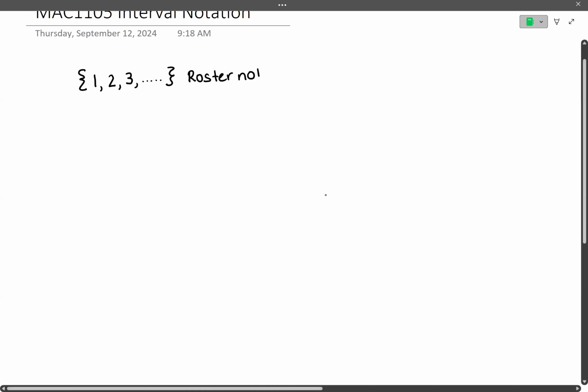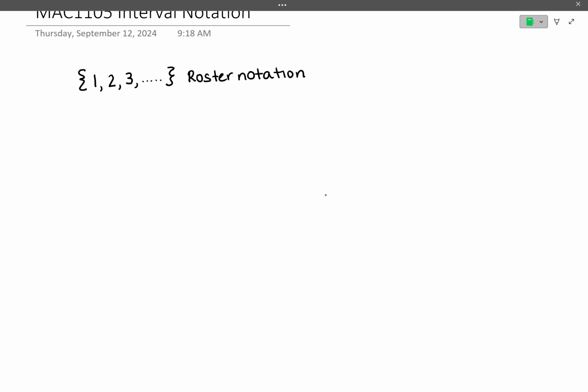And the reason I can list these out is even though there's infinitely many, there's kind of an order to it. Like if I say one, two, three, you can tell that it's four, five, six, and so on all the way forever. But if we wanted to list all of the real numbers in between one, two, three, etc., we couldn't actually do this because the real numbers have irrational numbers in them.